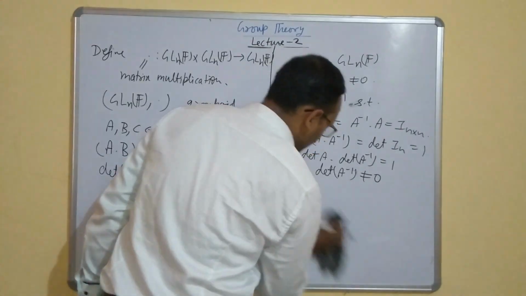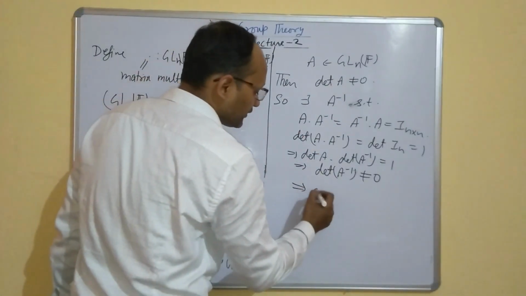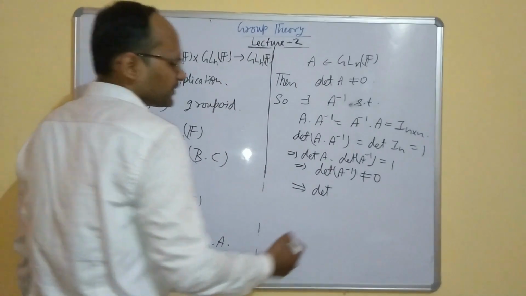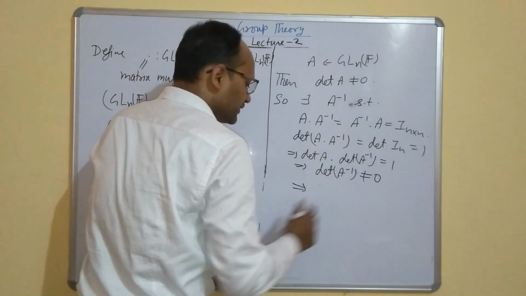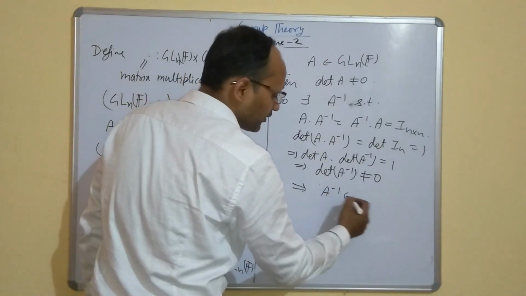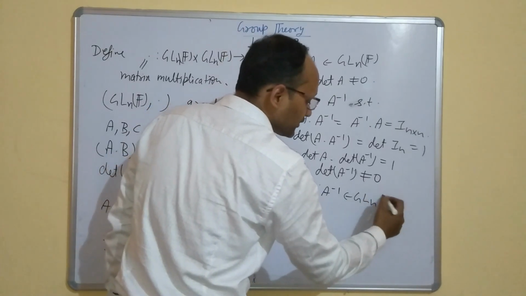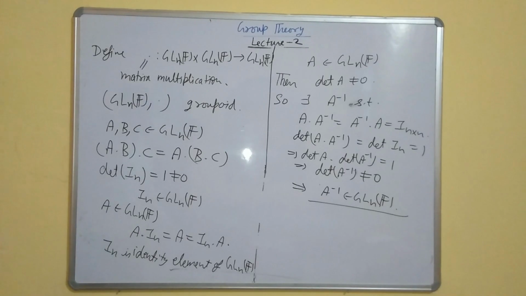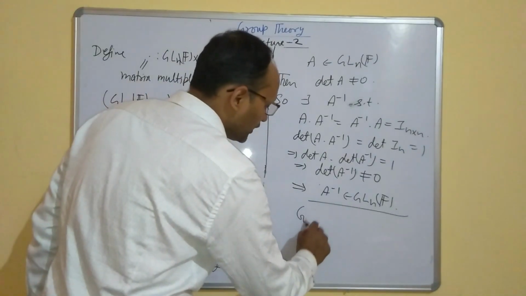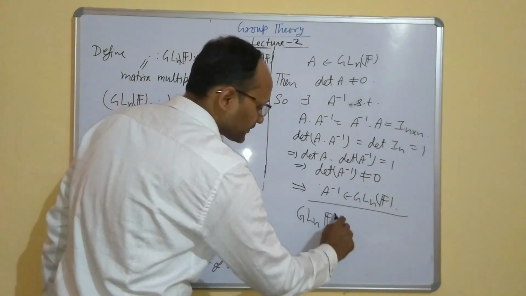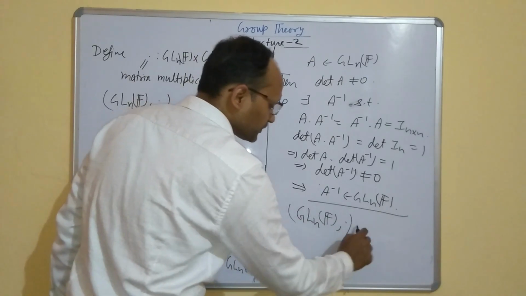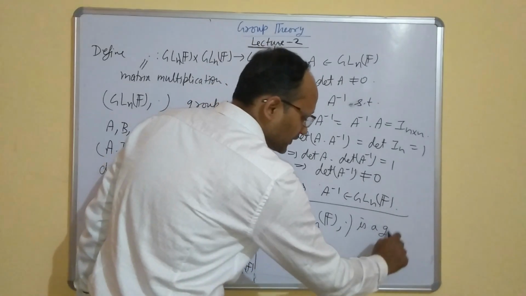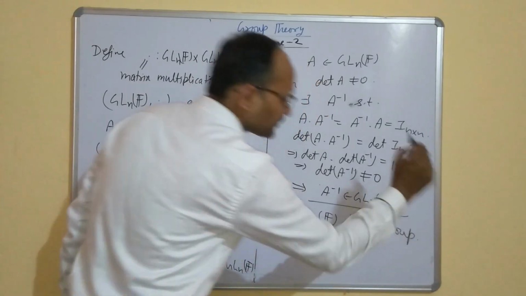So A inverse belongs to GLnF. So the inverse of each of the matrices of GLnF is in GLnF. Hence GLnF with respect to multiplication of matrices is a group.